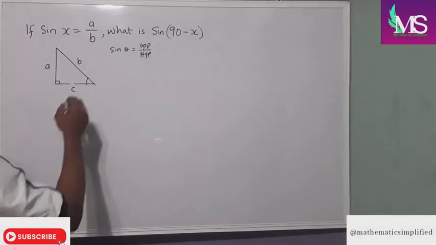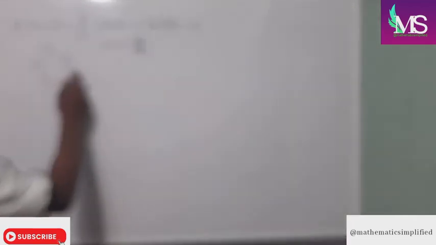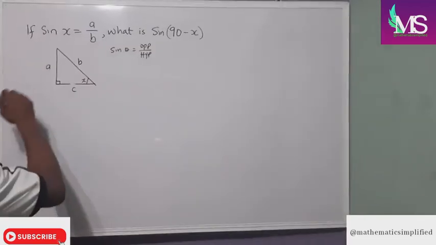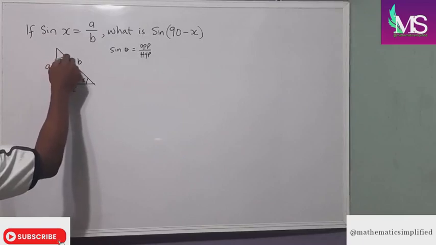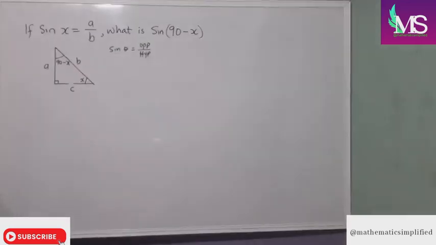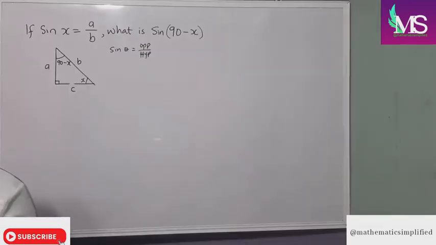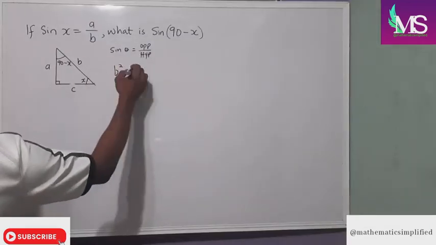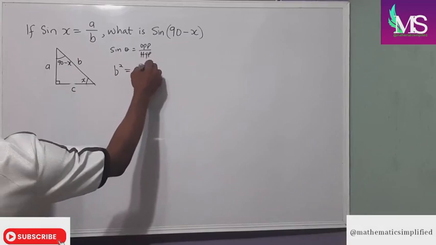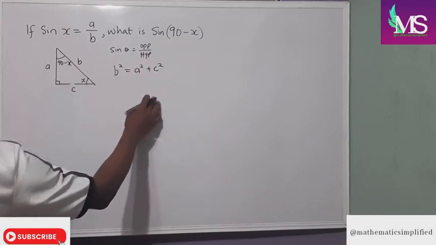Since this is x, which we are given, this other angle will become 90 minus x. Now, in application of Pythagoras theorem, we know that b squared, which is the hypotenuse, equals a squared plus c squared.